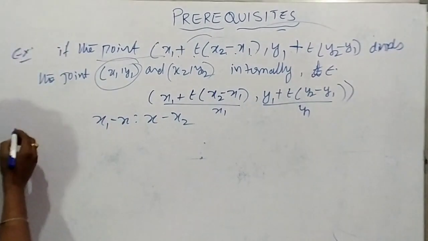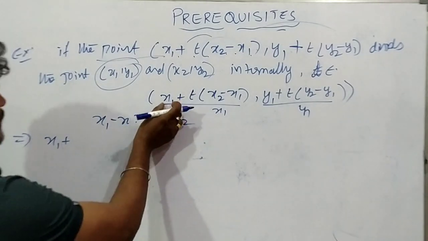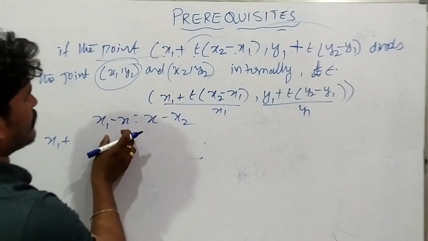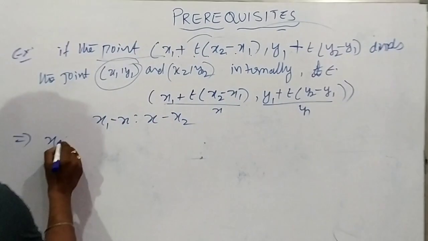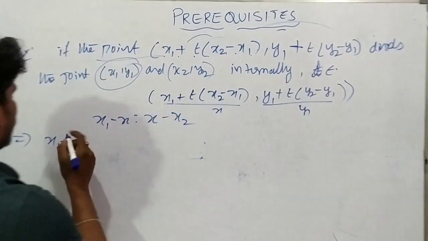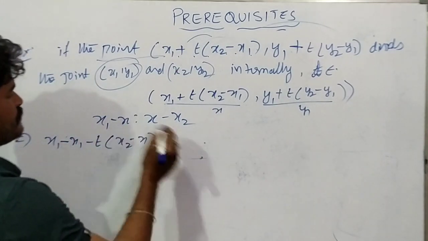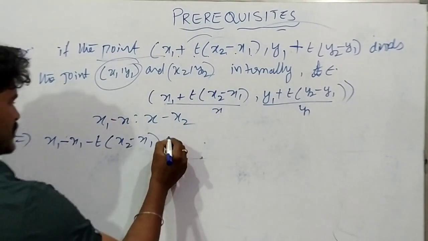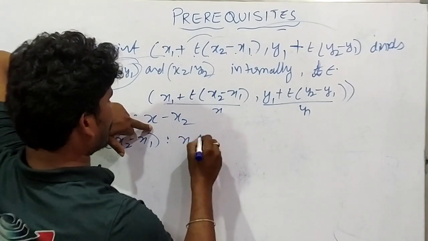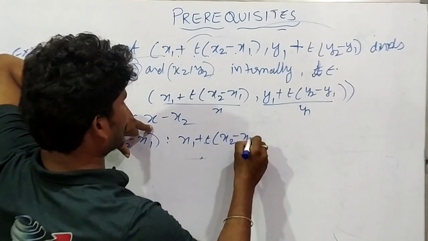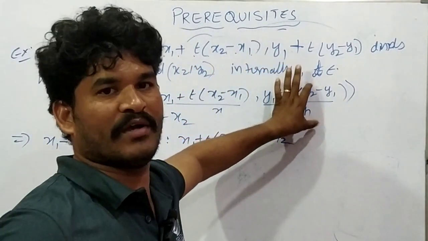Substituting in this equation, x1 minus the x value, which is x1 + t(x2 - x1), gives x1 - x1 - t(x2 - x1), and the denominator is x minus x2, that is x1 + t(x2 - x1) - x2. So this is the x point, this is the y point.